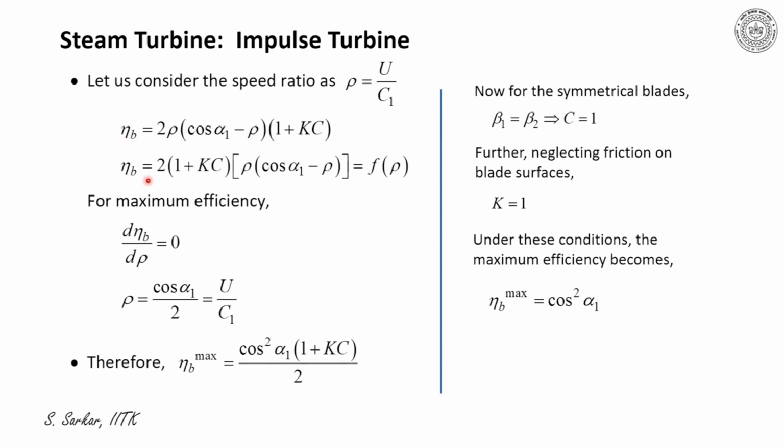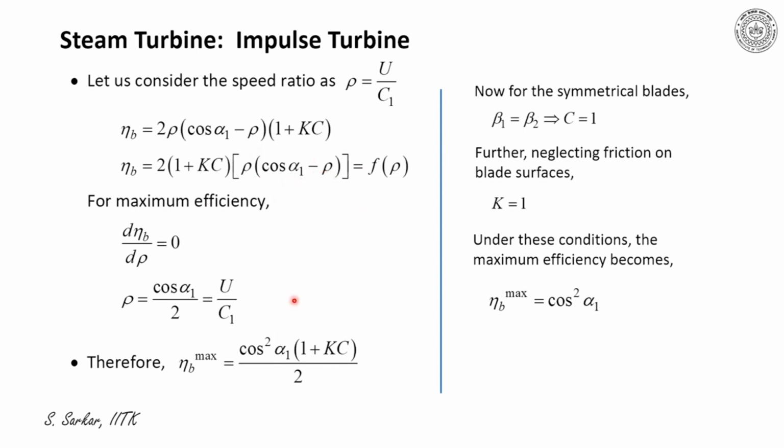Now I have rearranged here, that is eta B is equal to twice (1 plus KC), again within the bracket, rho into (cos alpha 1 minus rho).